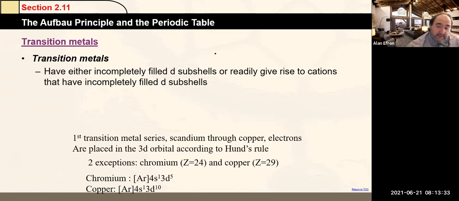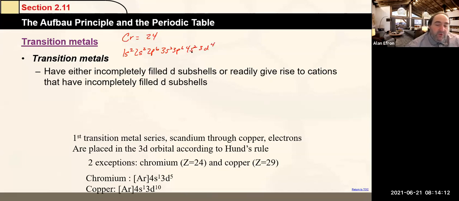And two very common ones that we talk about are what we see on the bottom, which is chromium and copper. Now, if we look at chromium, for example, which is number 24, if we just follow the normal zigzag guy that we were talking about for writing electron configuration, you would end up with 1s2, 2s2, 2p6, 3s2, 3p6, 4s2, and 3d4.